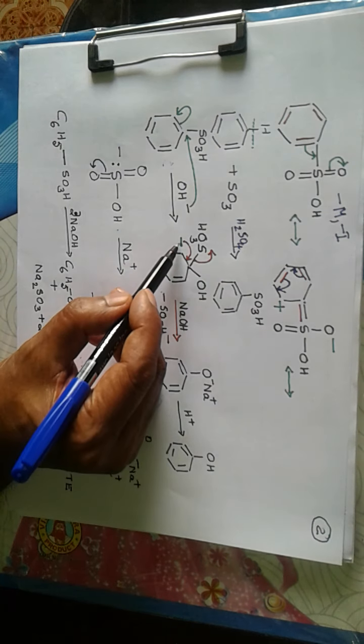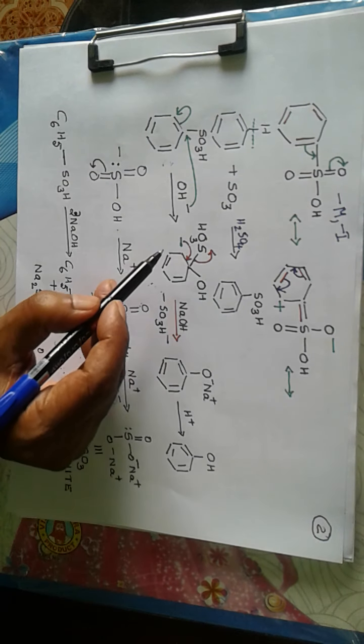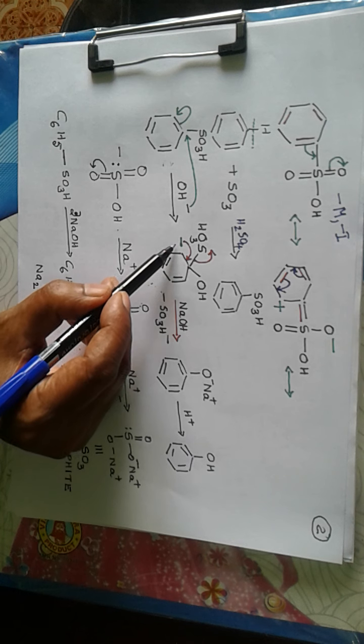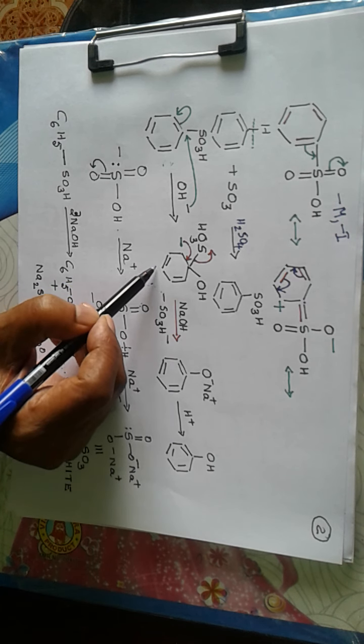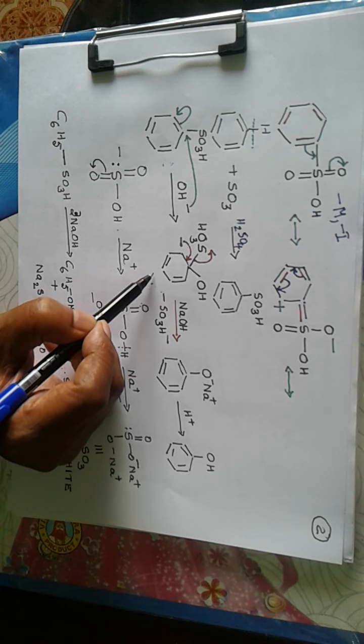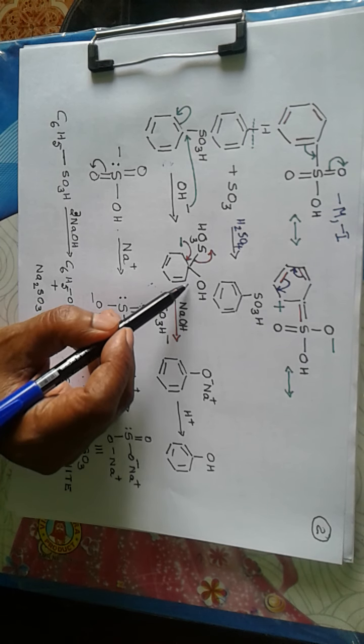Now this anionic part is also stabilized by resonance, and this negative charge may shift in this direction with simultaneous ionization of this bond, so that the negative charge comes here, and when this lone pair forms a bond here, this bond ionizes to give a negative charge here.